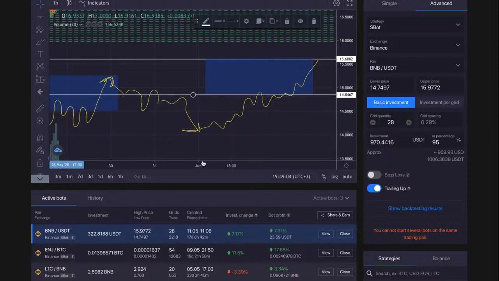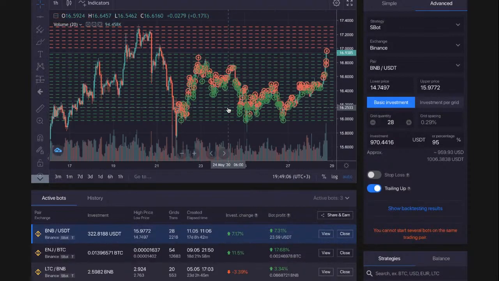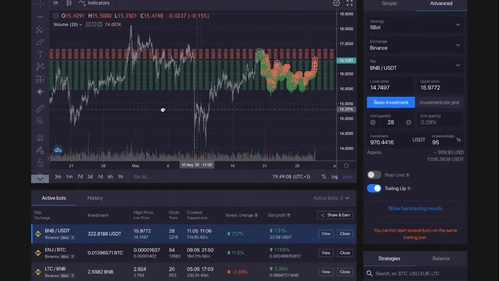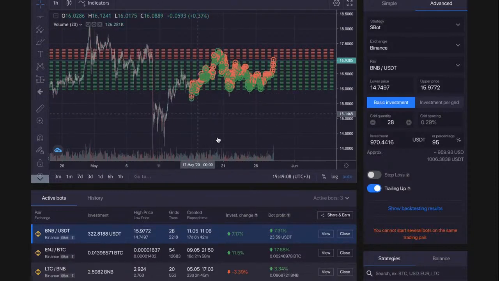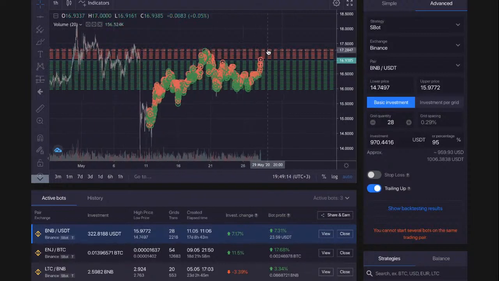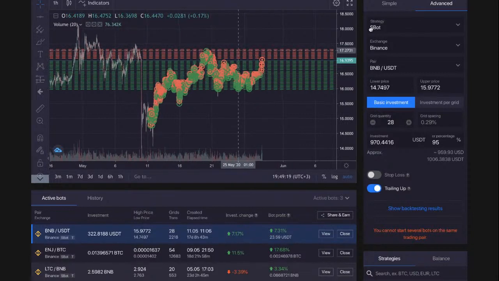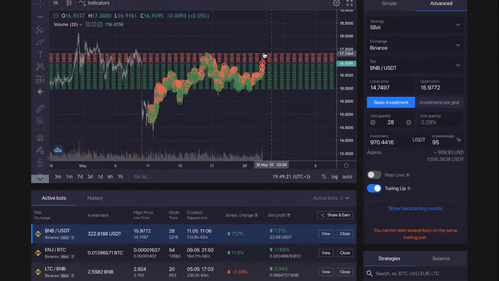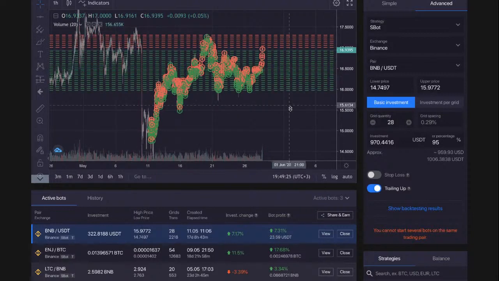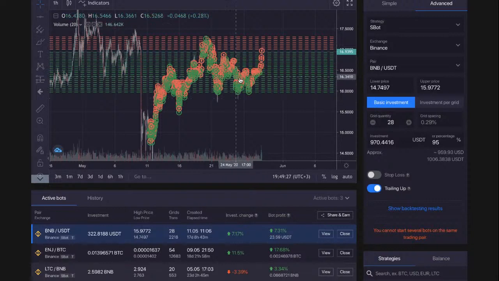So that's exactly what is happening with my BNB right now. Remember the trading range, which was over here. Now my trading range is completely in a different zone. It's much higher. It's over here. And I'm taking all of the price action which is happening right here.